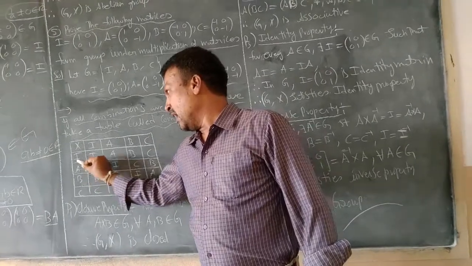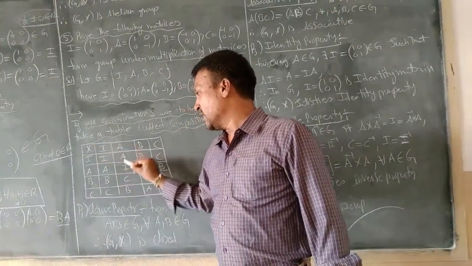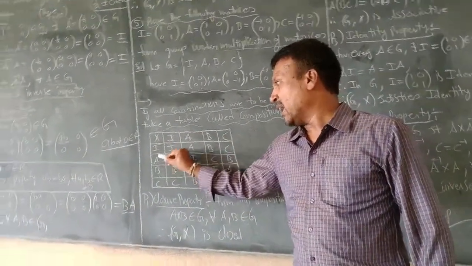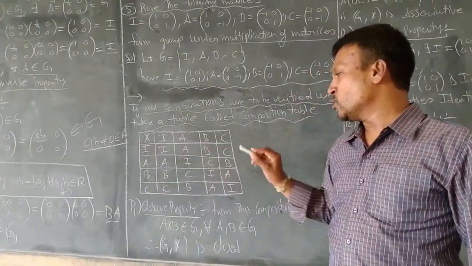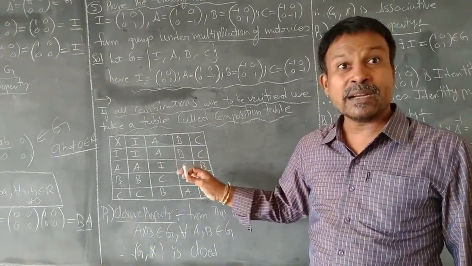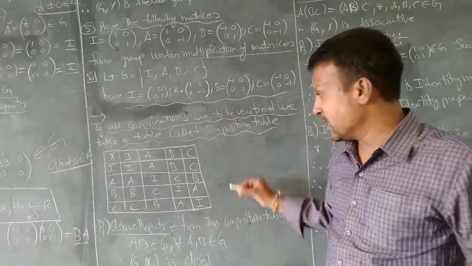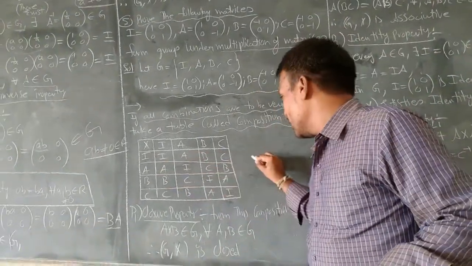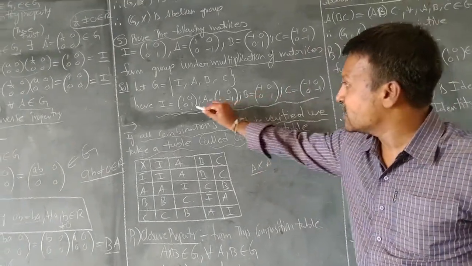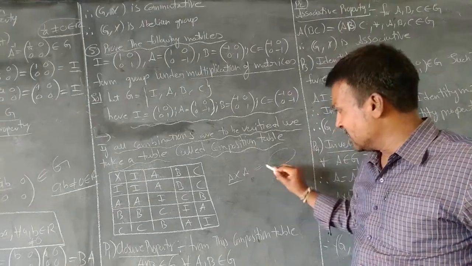And here A multiplied with I gives A, A multiplied with A gives I, A multiplied with B gives C, A multiplied with C gives B. It is very easy to see here, but very difficult when we go for the calculation part. That is, when we go for A into A, we have to take the 2 matrices A and multiply each other.